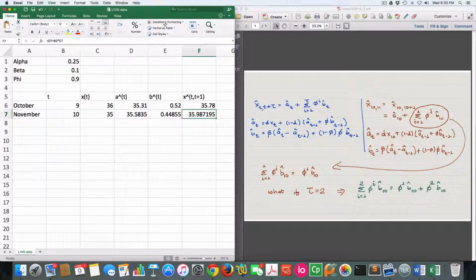So this comes down to 36. So that's how you calculate the damped exponential smoothing method.